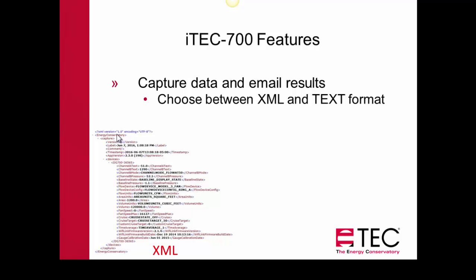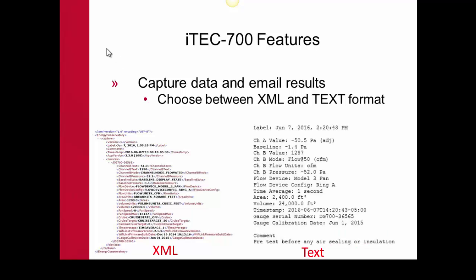So text is the format you'll typically use, and it'll label it. You can change this label, but it just puts the timestamp in there as a label, and channel A, what your baseline reading was, the value and the mode.